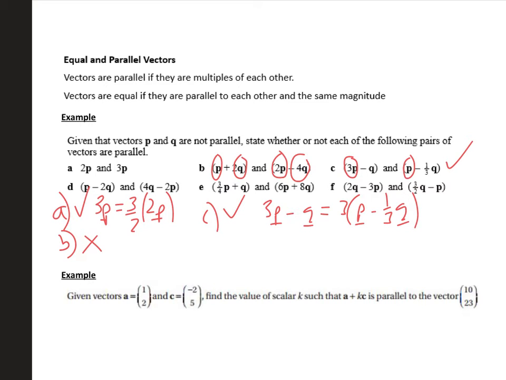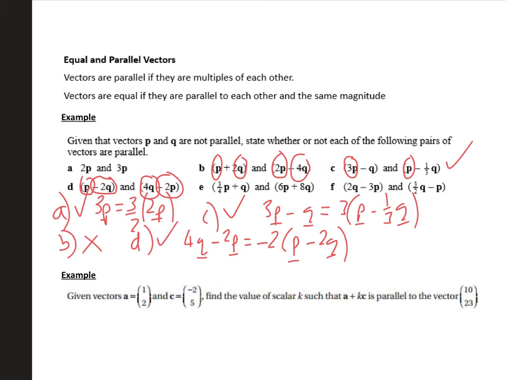D, now be careful, there's p's swapped around there, look. To get from p to minus 2p, I times by minus 2, and to get from minus 2q to 4q, I times by minus 2. So D is parallel, because I can write 4q minus 2p as minus 2 lots of p, take away 2q.